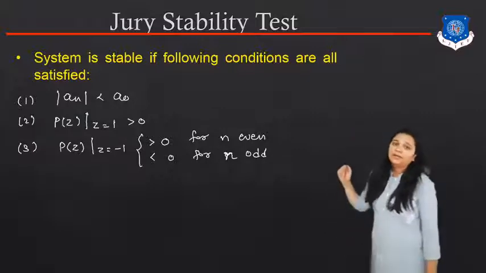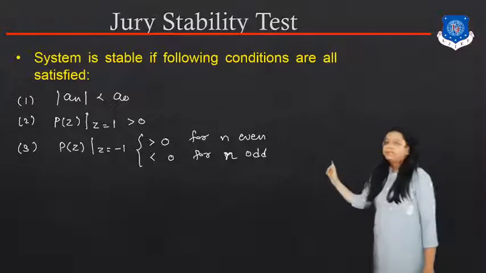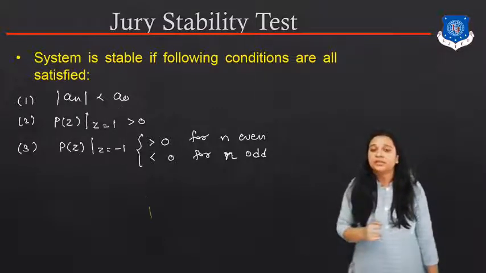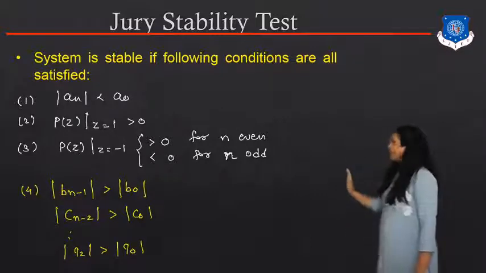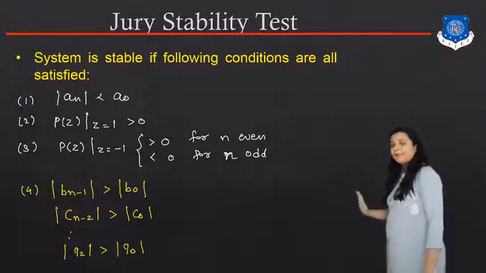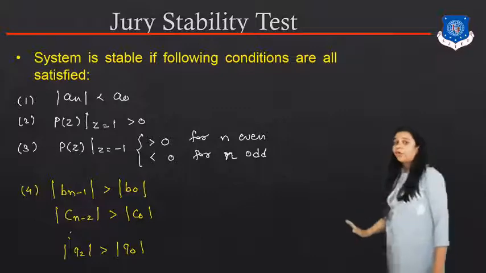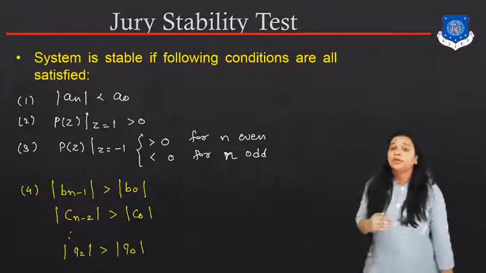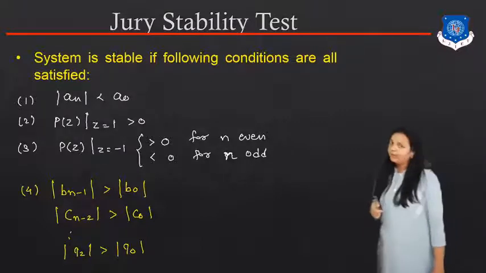Okay, if it is greater than 0 for n is even and it is less than 0 for n is odd, then this type of system is satisfied. The fourth one is mod of Bn minus 1 that we have already found is greater than mod of B0. Mod of Cn minus 2 is always greater than mod of C0 and mod of Q2 is always greater than mod of Q0. So these are the conditions to satisfy for the Jury stability test.